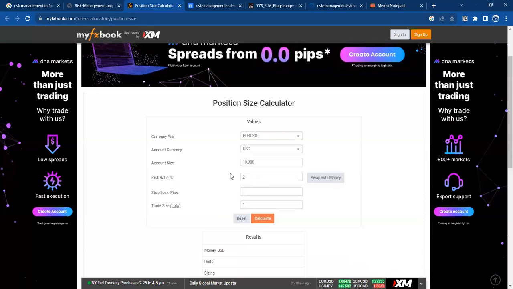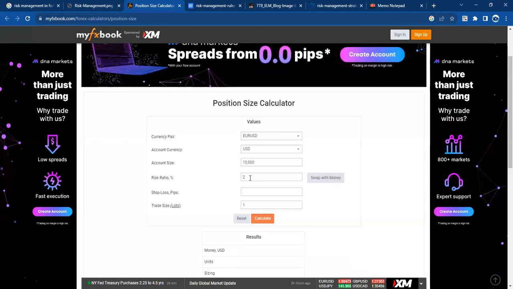So on 2% per trade, this simply means I need to lose about 50 trades in a row to blow my account. So if my risk ratio in this case is 2% per trade, so on a $10,000 account, 2% of 10,000, if we can calculate that real quick.